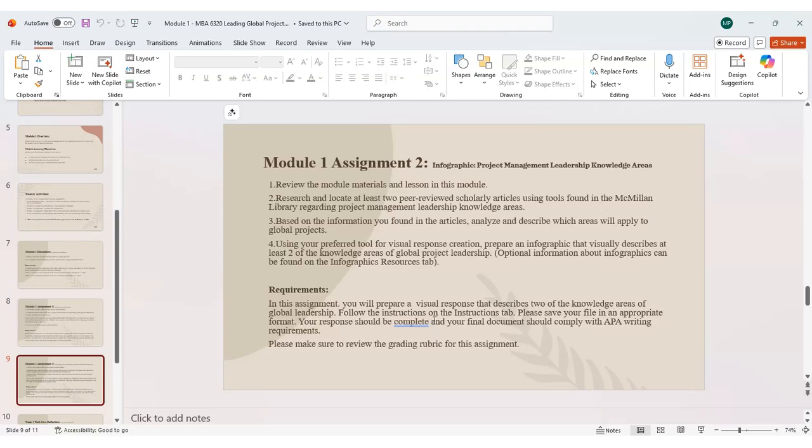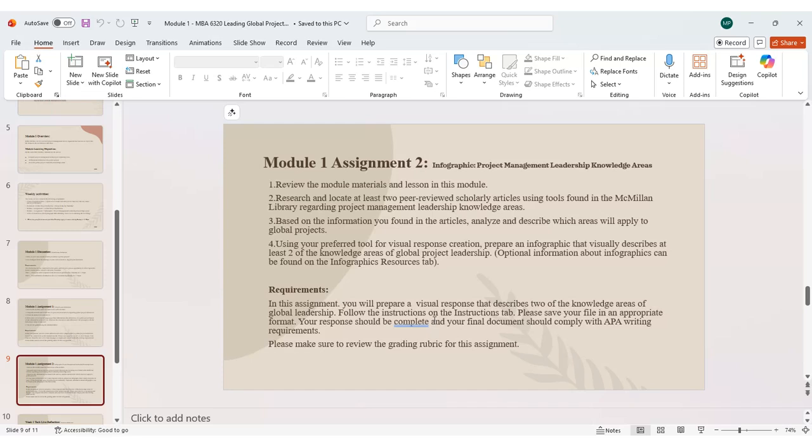It's optional. Information about infographics can be found on the infographic resource tab. So there is a direct link on this assignment to infographics. If you've not done one before, it gives you information on how to do one, and even provides a template. And again, same kind of thing, you need to provide and comply with any APA writing requirements.